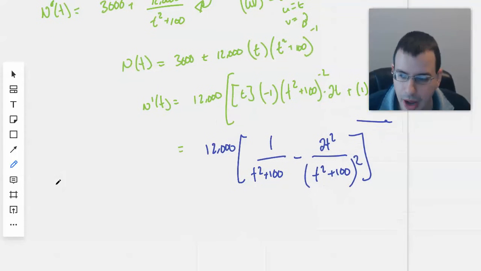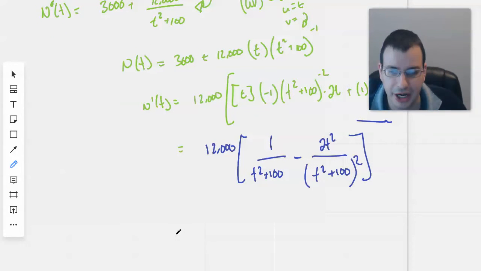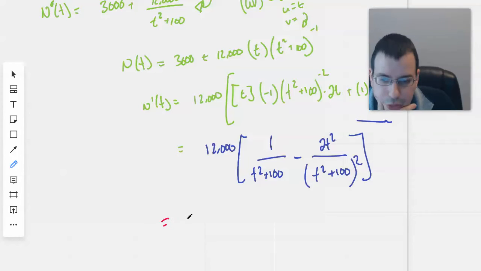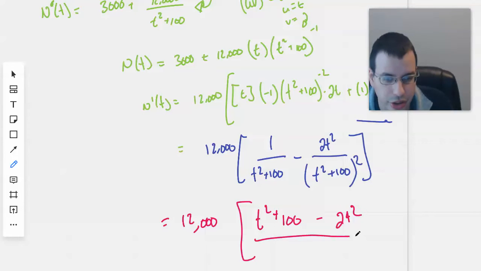Now we'll combine them. We'll combine the denominator, the left side and the right side, equals 12,000. So to get it, we're just going to have to multiply by t squared plus 100. So we'll do t squared plus 100 minus 2t squared all over t squared plus 100 squared.